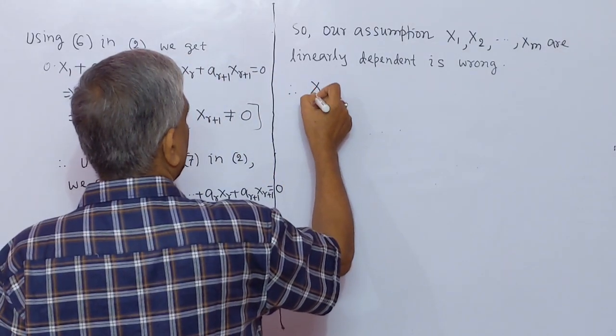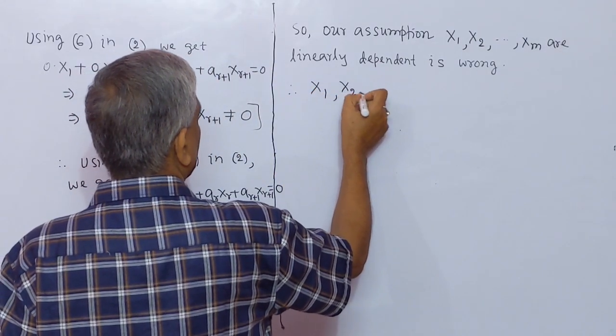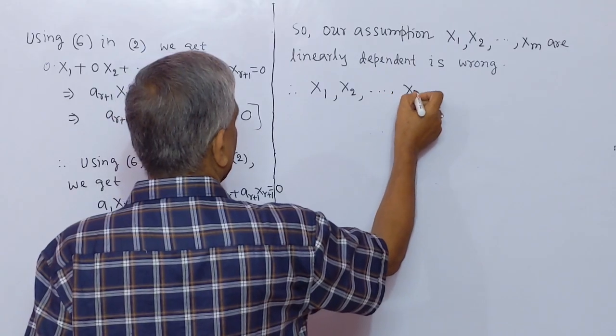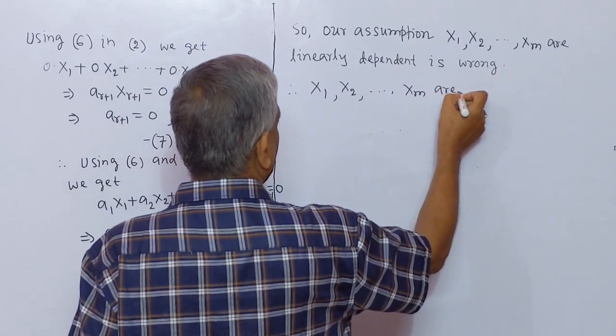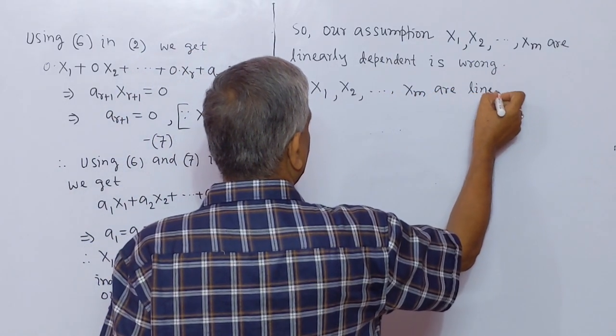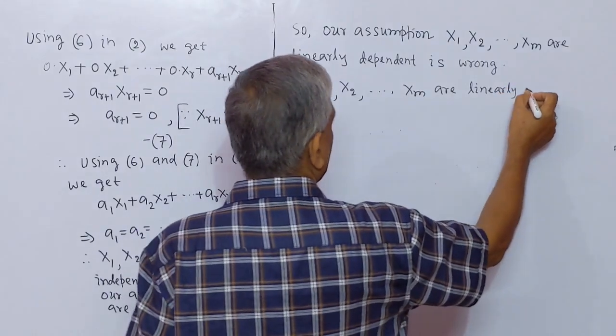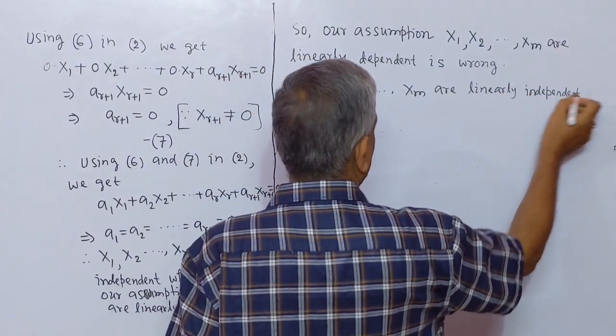Therefore, x1, x2, ..., xm are linearly independent. Proved.